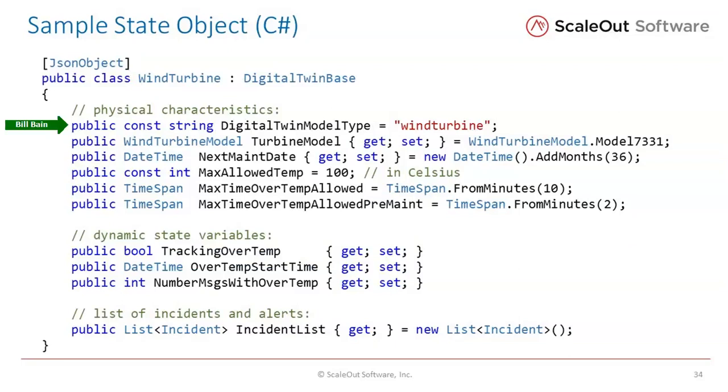So we're tracking, in this case, the model, the next maintenance state, and other parameters, and then the dynamic state variables, such as: are we now tracking an overtemp condition? When did it start? And how many messages have come in reporting overtemp? In addition, we can keep lists of incidents, or we could keep all the incoming temperature events if we wanted. This just shows keeping an incident list so that we can go back with time windowing and see what the pattern of incidents was that has occurred.